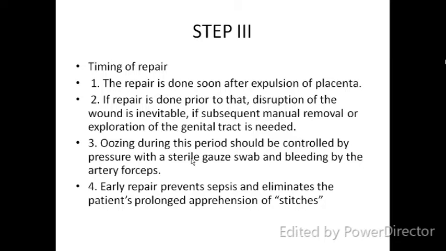If you repair the episiotomy before removal of the placenta, what will happen? Sometimes the placenta will be expelled spontaneously, sometimes it will not. Then what will you do? You do exploration. When you explore the uterus and remove the placenta manually, the episiotomy suture will tear out.